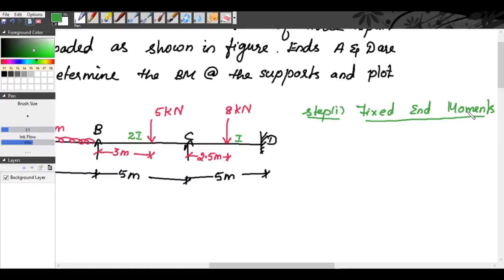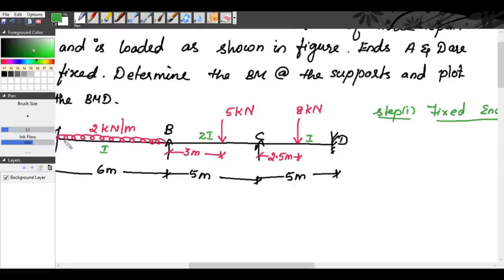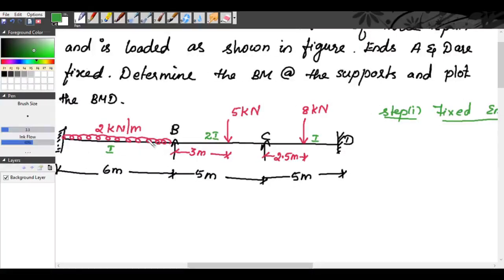We will consider each span, and for every span we will assume the ends are fixed. If it is a UDL, it is plus or minus WL square by 12. If it is a concentrated load, it is minus WAB square by L square and plus WA square B by L square. And if the load is at the middle of the span, it is plus or minus WL by 8.